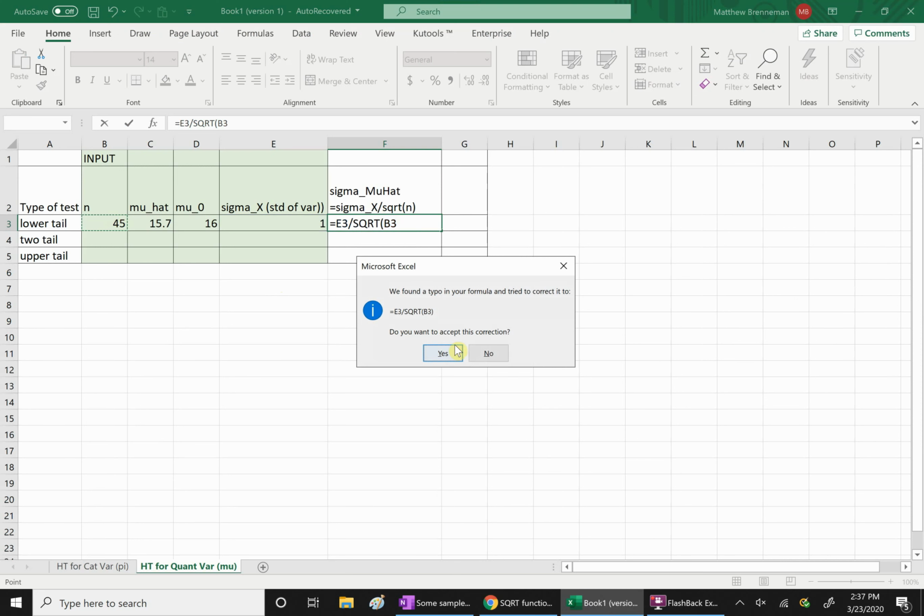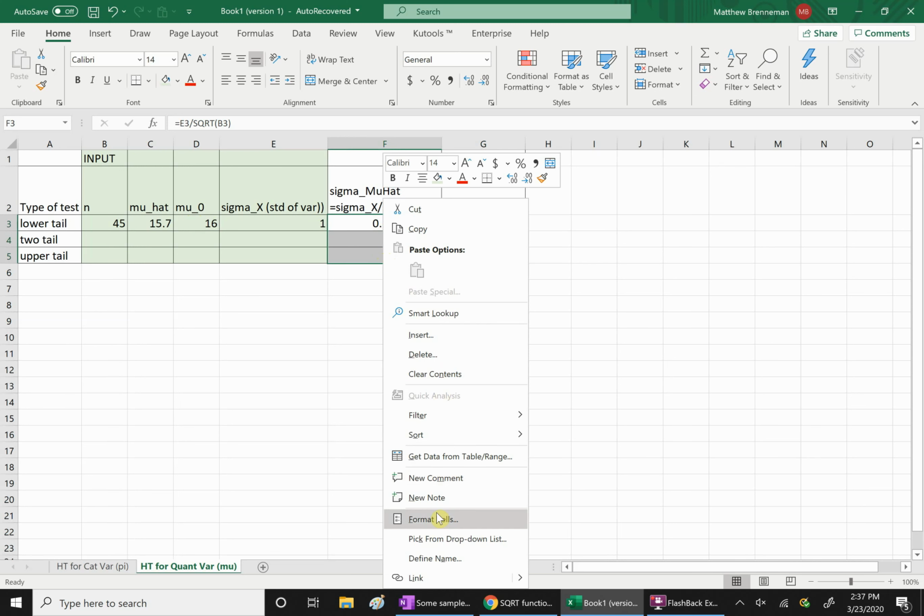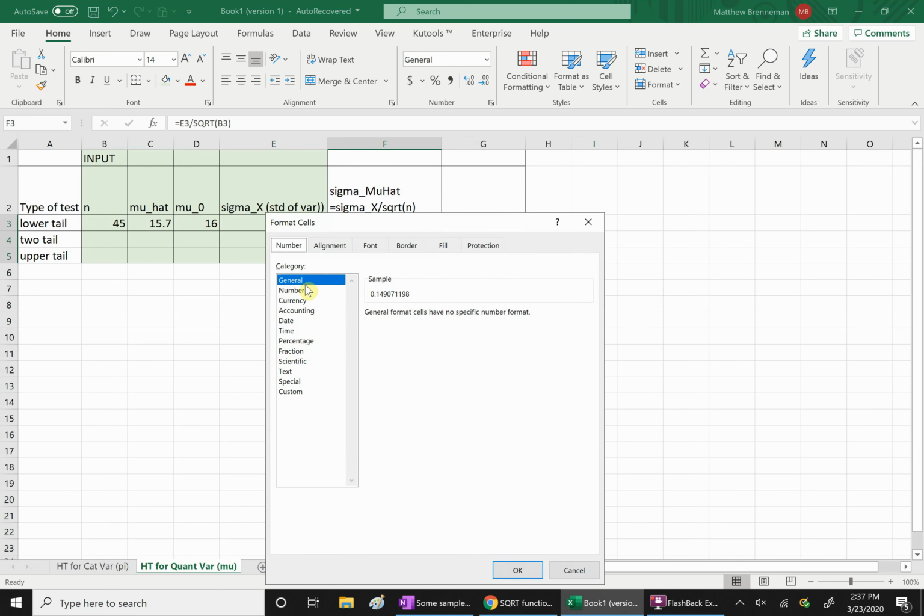And there we are. So what we know now is that if the population mean really is 16, sample estimates that come from this population have a normal distribution, the mean is 16, and this is the standard deviation. And I'm going to format these a little nicer.